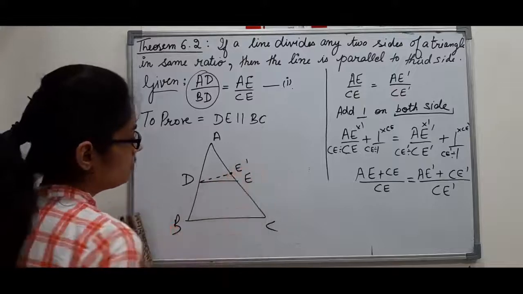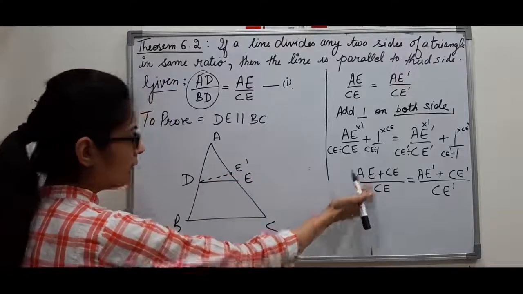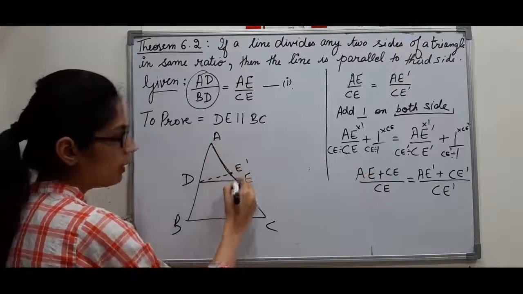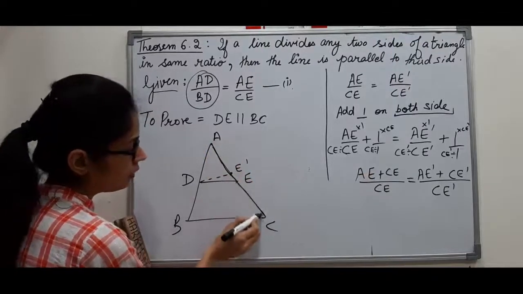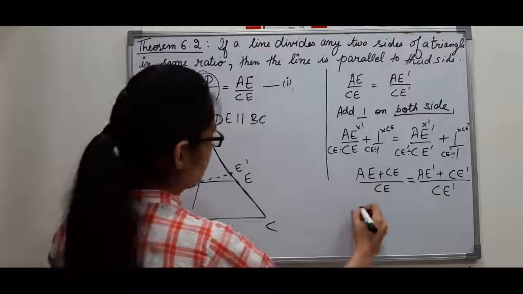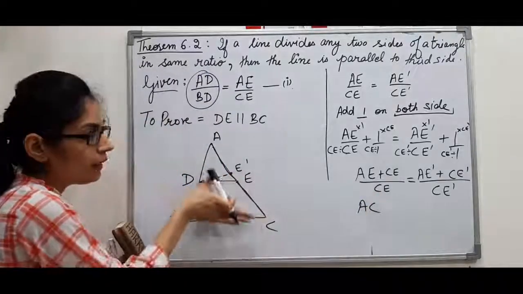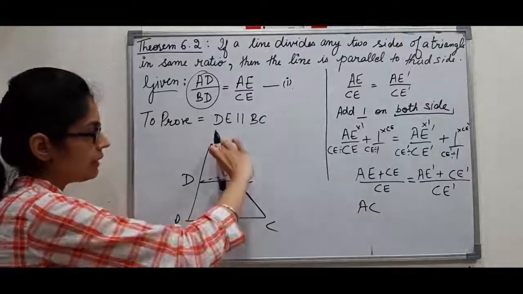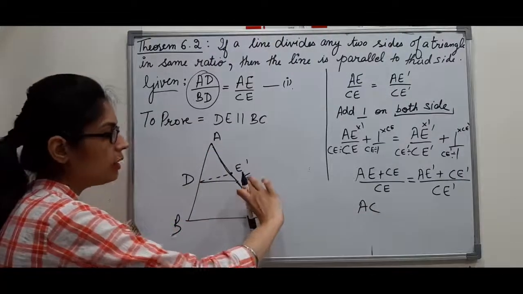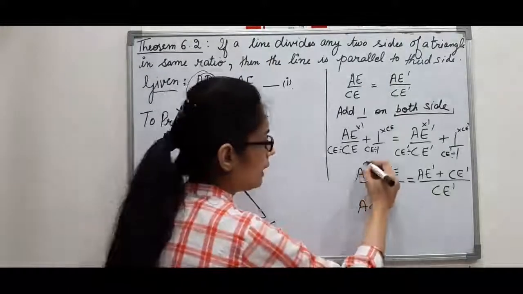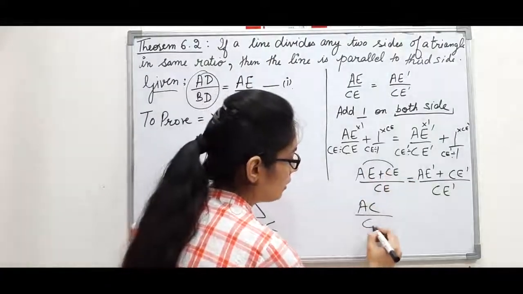So if you add this AE and this CE, you will get AC. Two half lines when you add, you will get the full line. This is AE and this is EC. When I am adding two half lines, I will get full AC. So AE plus CE is AC upon CE.